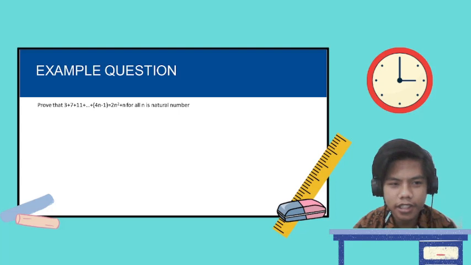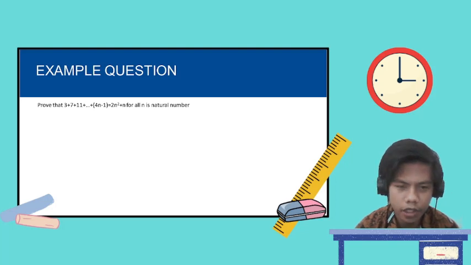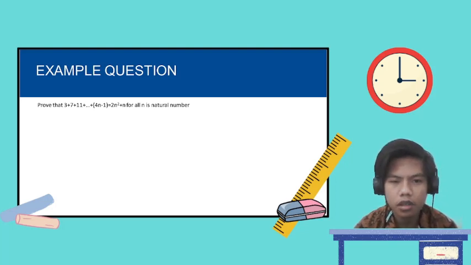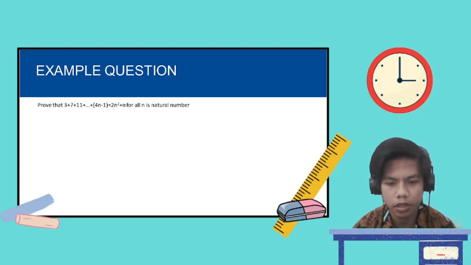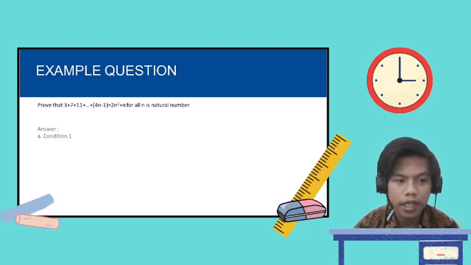For example questions: prove that 3 plus 7 plus 11 plus up to (4 times n minus 1) equals 2 times n squared plus n, for all n natural numbers. So we can solve that with, first, the first condition. The first condition says P1 is true.